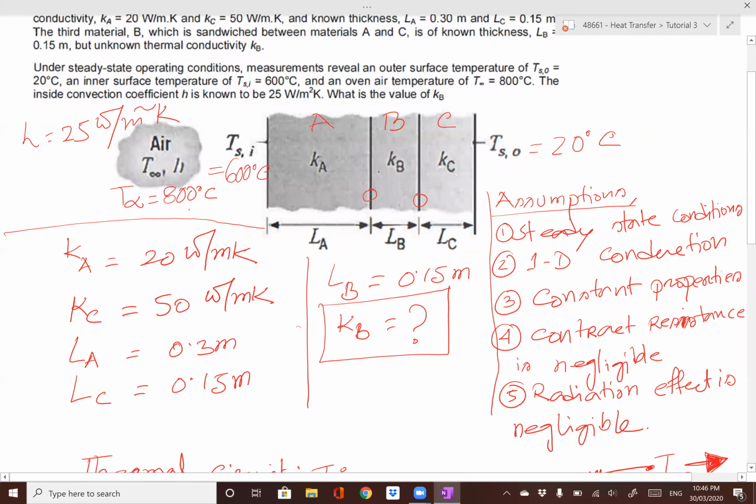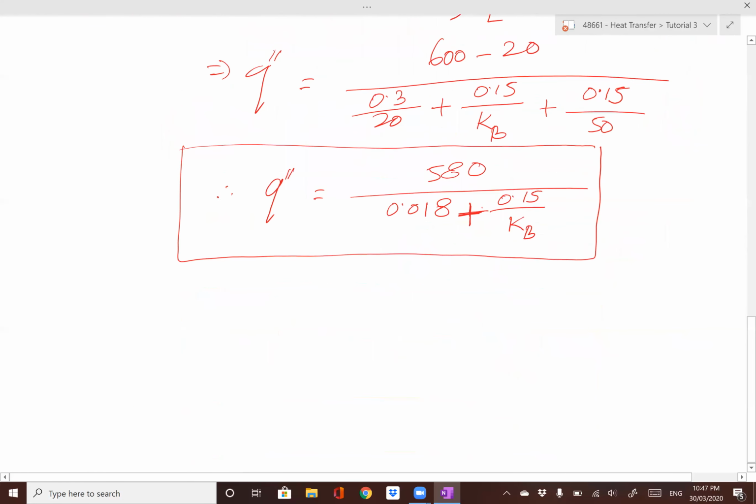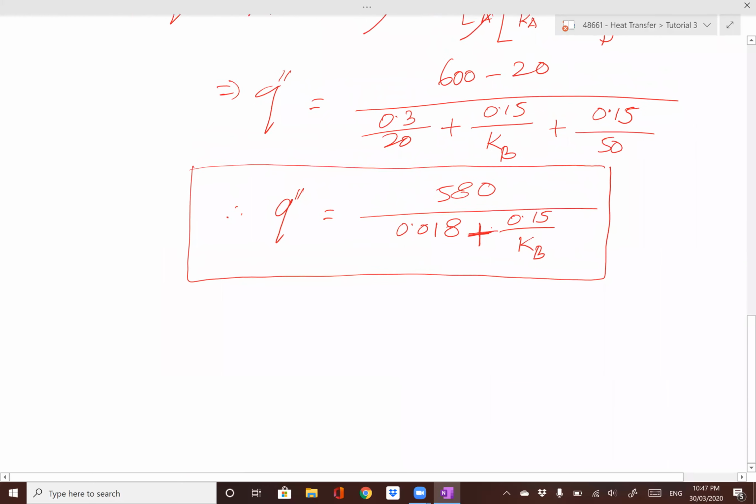So here heat will flow through convection. So, convection heat transfer between the oven air and the inner wall of the oven.